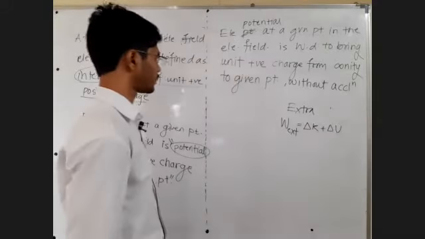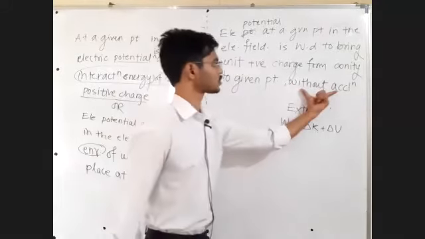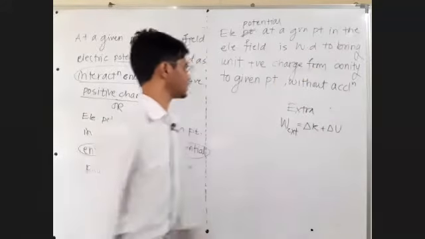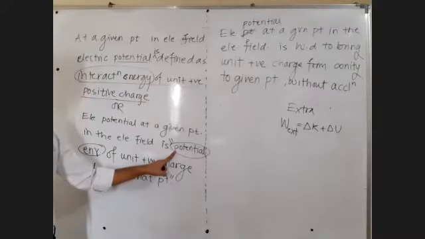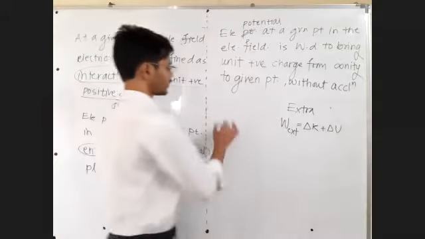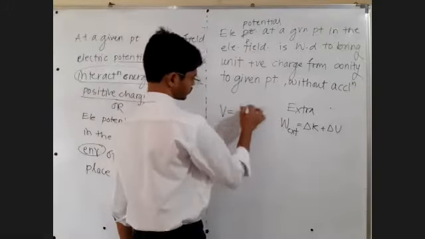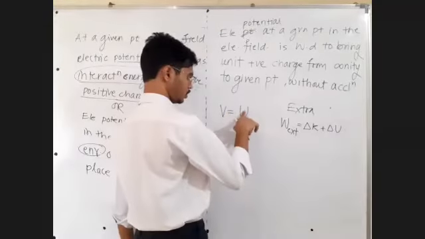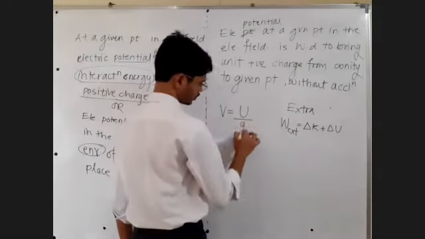Okay, sir. Fine, no problem. So this word is also important, because here work done is equated with potential energy. Potential energy means interaction energy. That completes the definition. So now write V is equal to U upon Q.